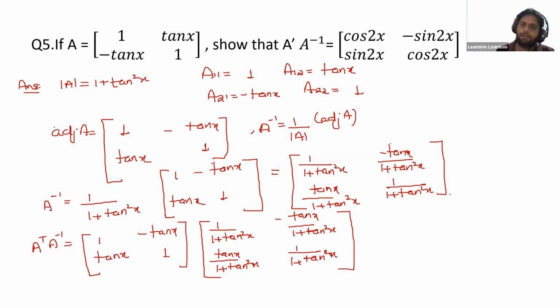Okay, and now this will be equal to first row, first column. So this becomes 1 by 1 plus tan square.